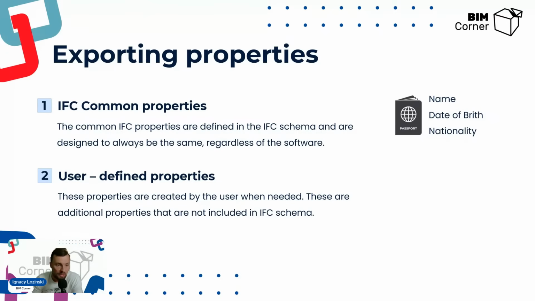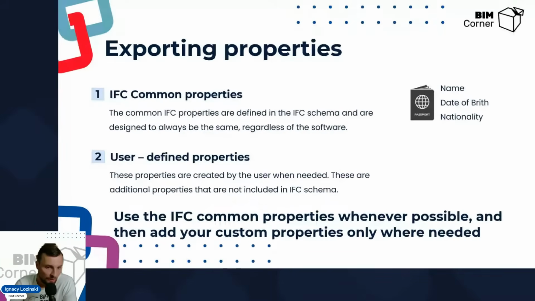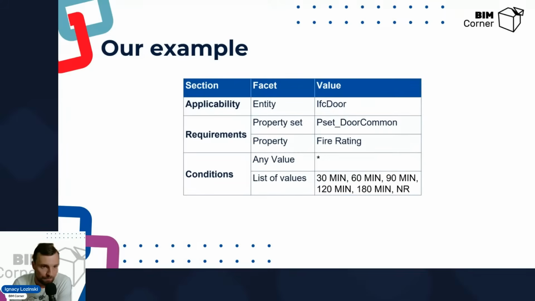Of course, they are valid, but they are optional, and they are not recognized automatically by all software. So you need to think about it. And another tip, the best practice would be to use the IFC common properties whenever it is possible, and then add your custom properties only where you found that they are needed.